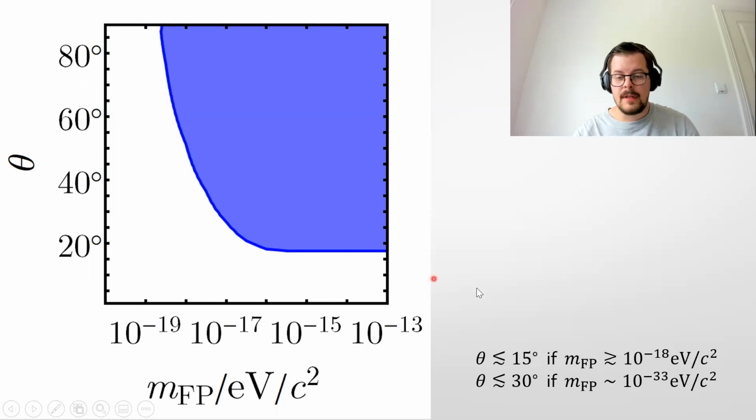For example, if the graviton mass is greater than 10 to the minus 18 electron volts, we can still go up to mixing angles like 15 degrees, which is certainly not negligible. Certainly not GR. Or for smaller values of the graviton mass like this, we can even go up to mixing angles of the order 30 degrees.